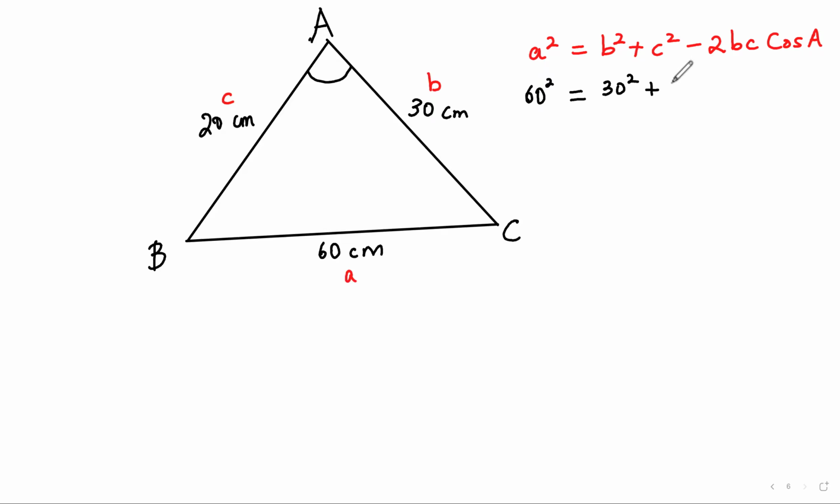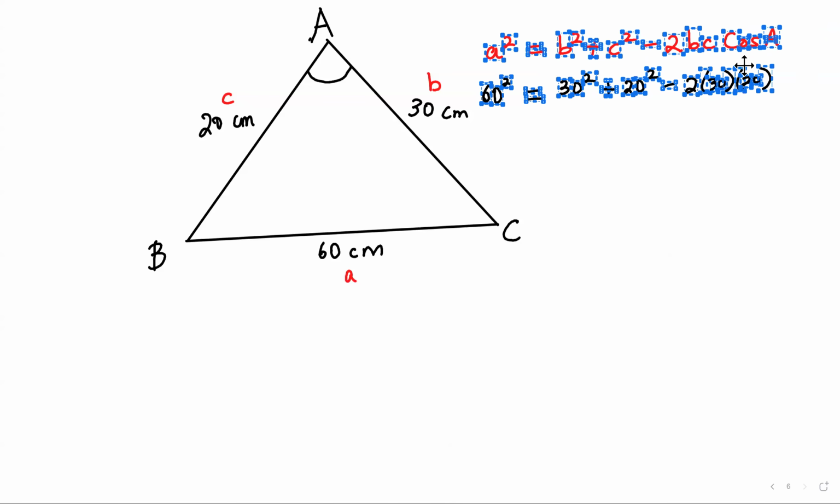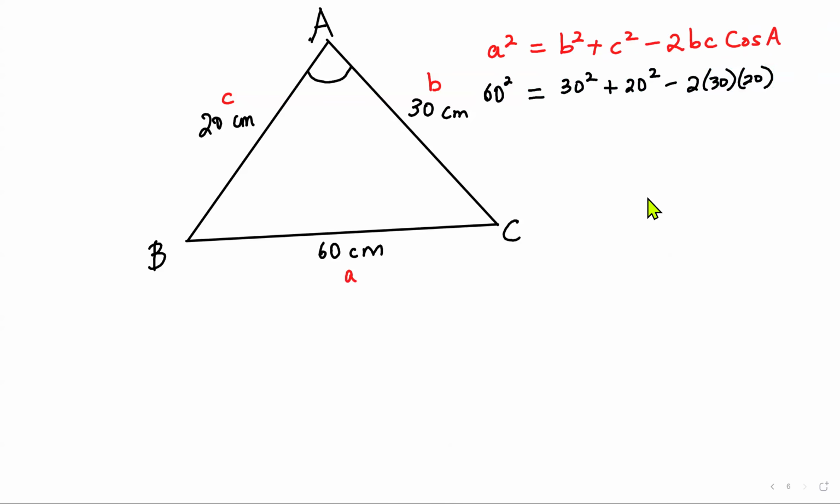C is 20, so C squared is 20 squared, minus 2 times B, which is 30, by C, which is 20, by cos of A. Right? And now I could simplify this.